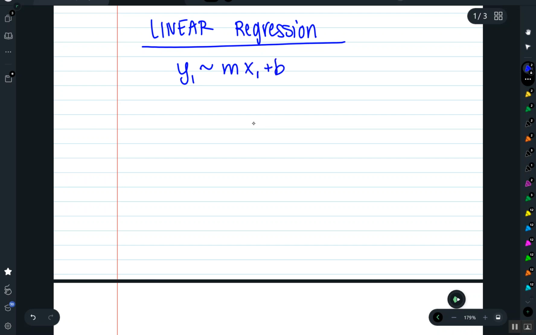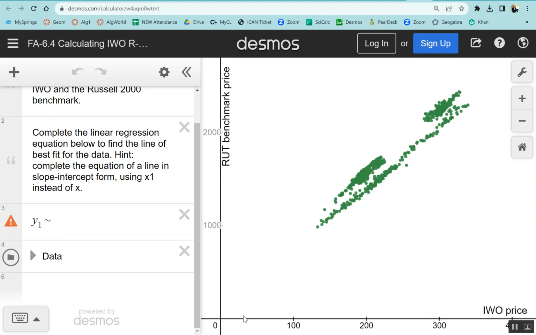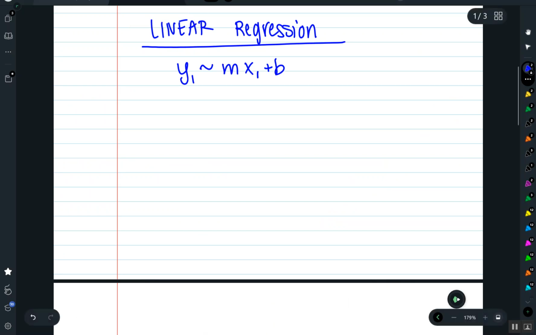This is a linear regression. You have to type that in, get your information, and answer some questions about it. They should give you an M and a B, just like the other one will give you an A and a B.